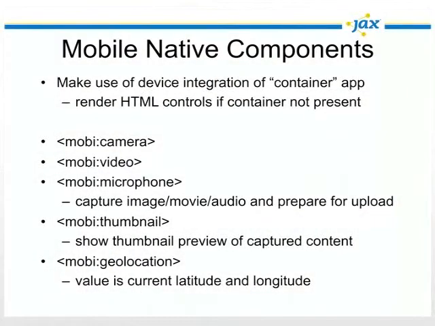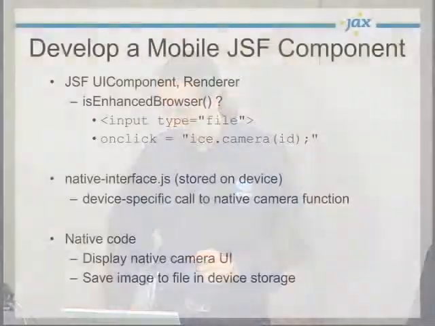Of course, there's the thumbnail, which you've already seen, and a geolocation component. Now, geolocation is a little bit different in that it doesn't actually require native access to the device. There are HTML JavaScript APIs that provide geolocation, but we consider it still a mobility feature because the most likely place you're going to find geolocation of interest is for a mobile device.